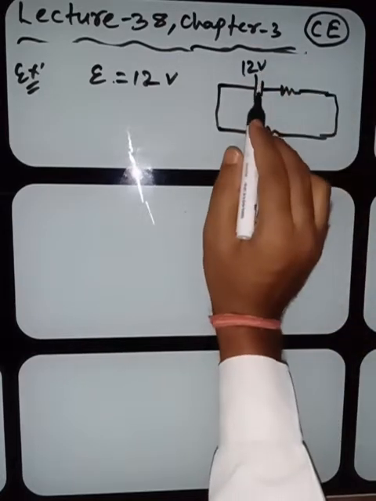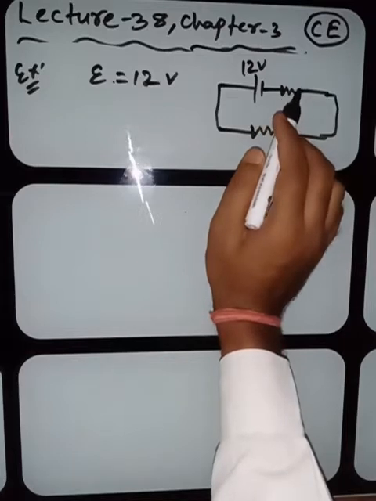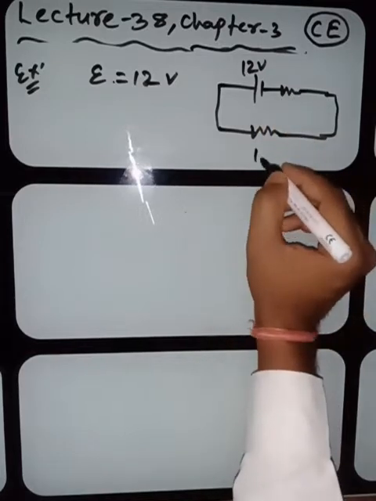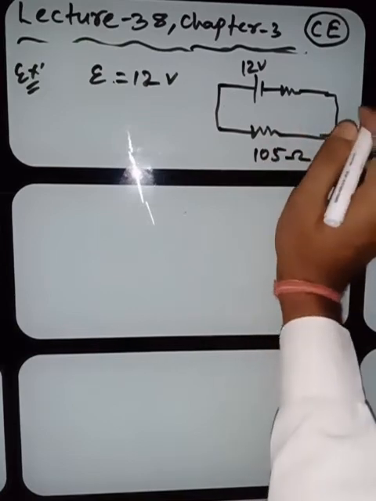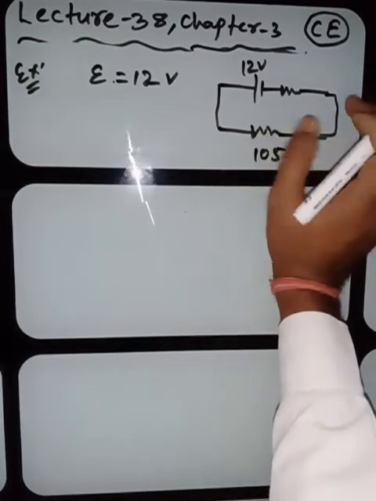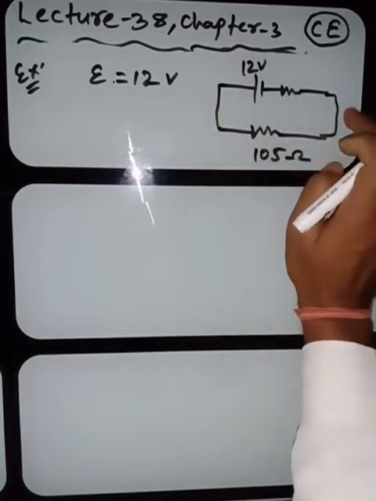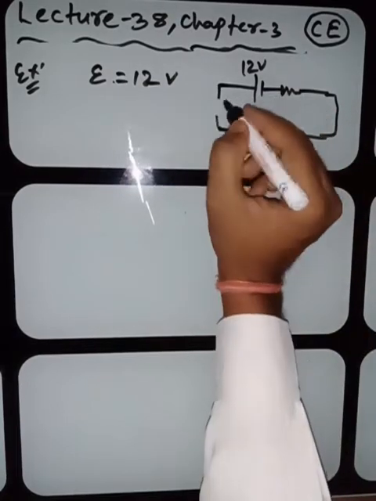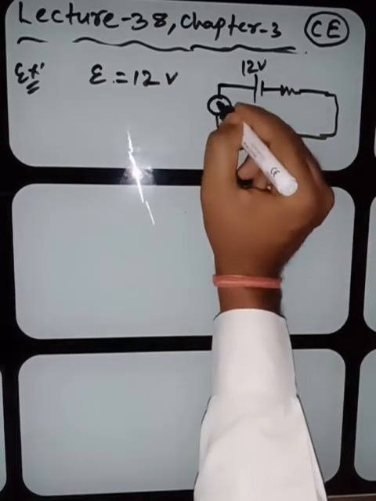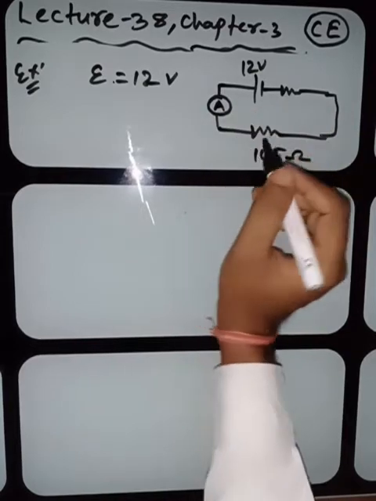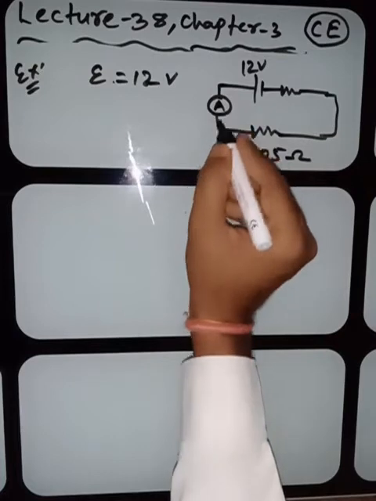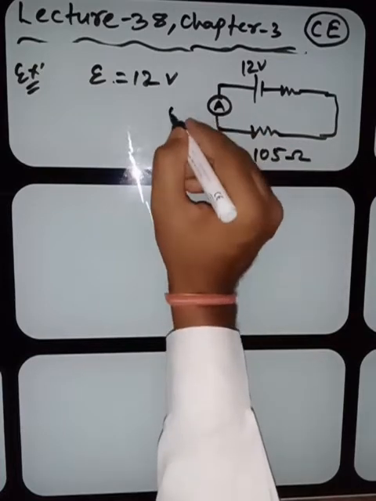EMF is given. Remember, EMF 12 volt connected to a resistor of 105 ohm. This is the load resistance, that is the high resistance, 105 ohm, through an ammeter. One ammeter is also connected, as we know that an ammeter must be connected in series with the circuit. So this is our ammeter, and the resistance of this ammeter is 5 ohm.